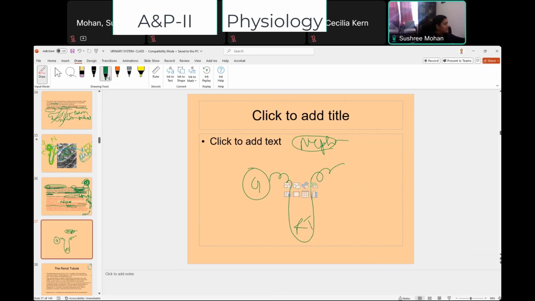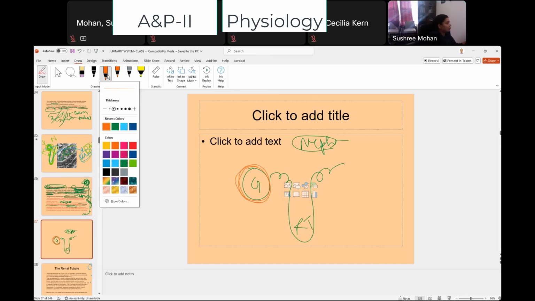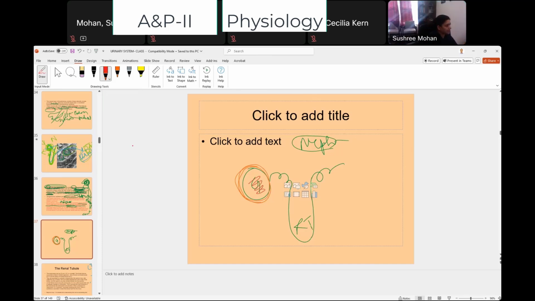It consists of a capsule or Bowman's capsule, and it has a group of capillaries inside it. This region is called the capsular space or the capsular cavity.